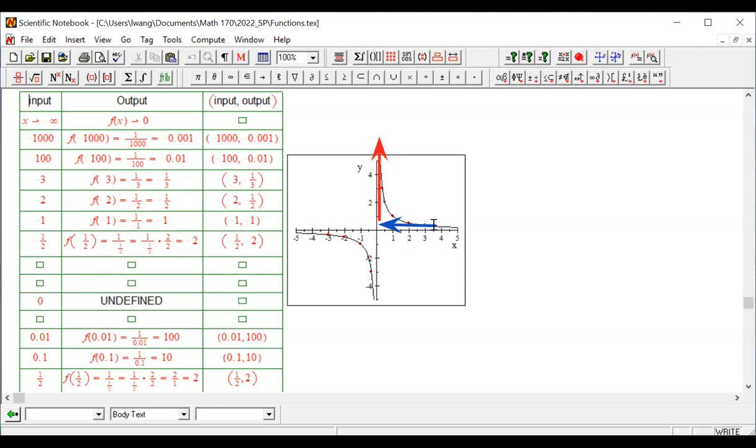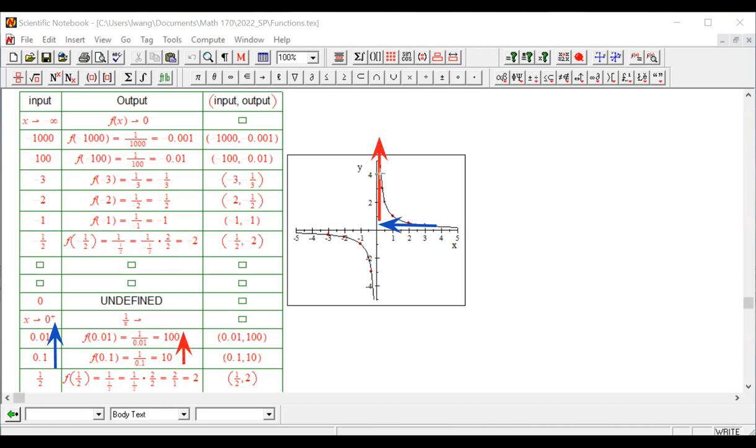As the input x approaches 0 from larger than 0, I put a little plus sign on the shoulder, the output is approaching, you can see from this process, as it gets closer and closer to 0, the output is getting larger and larger.